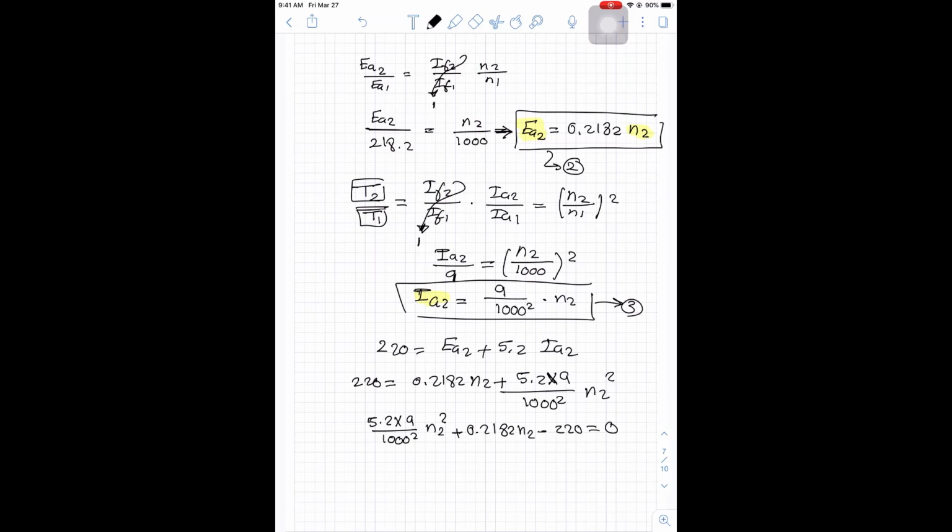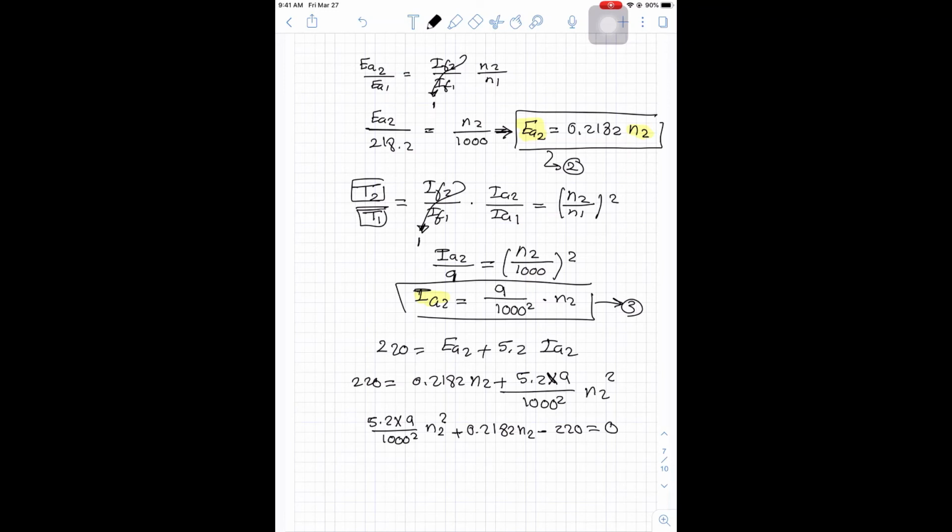And we can solve the second order equation using the calculator directly, which will give us two values for N2. One of them will be accepted and one will be rejected, and the one accepted is the logical, physical one. We know that the speed will go down from 1000 RPM, so we expect N2 to be between 0 and 1000 RPM.